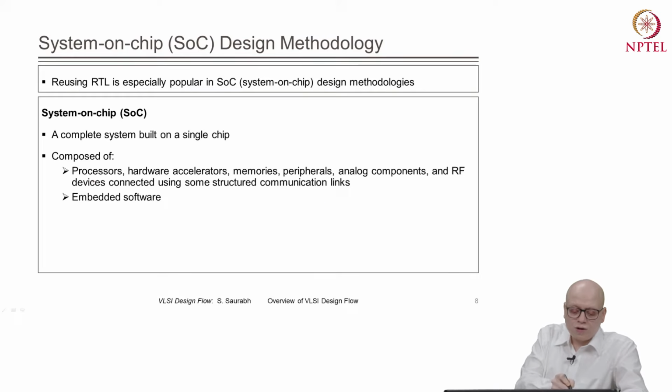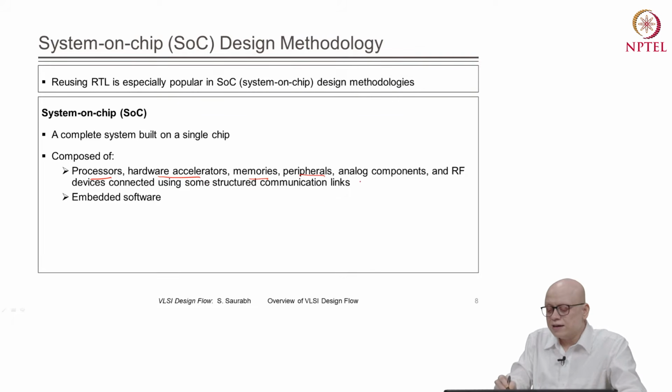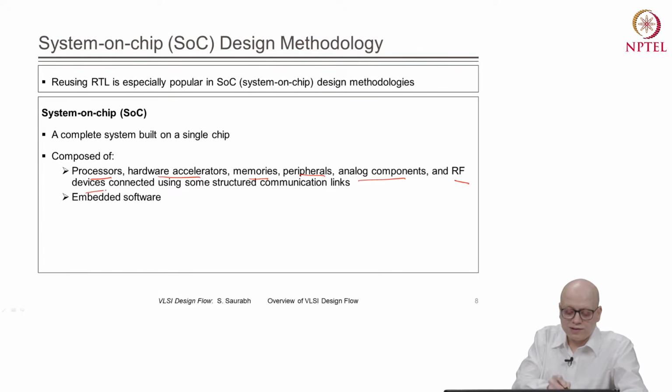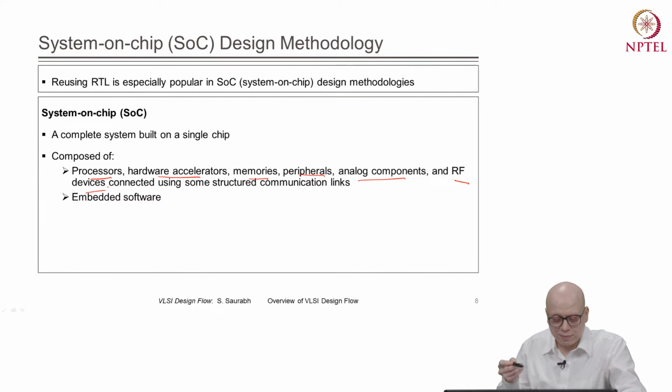It can consist of processors, hardware accelerators, memories, peripherals, analog components, and RF devices. These are a few examples. There can be many other things, and these are connected using some structured communication links. And these SOCs can also contain embedded software within them.